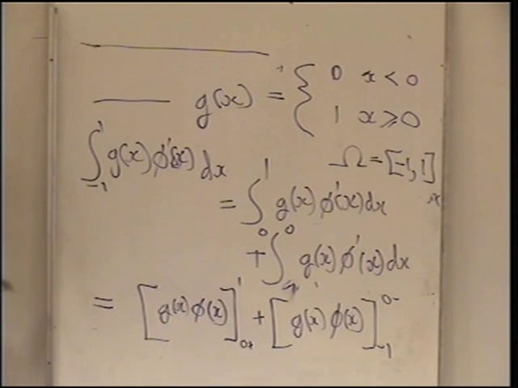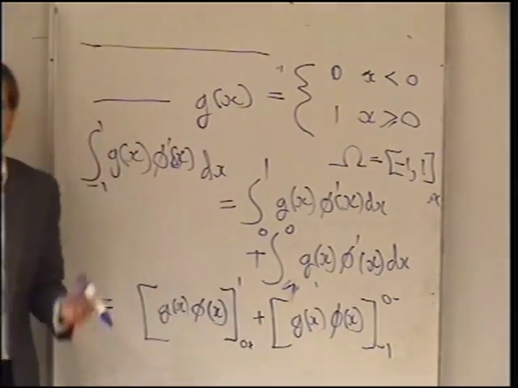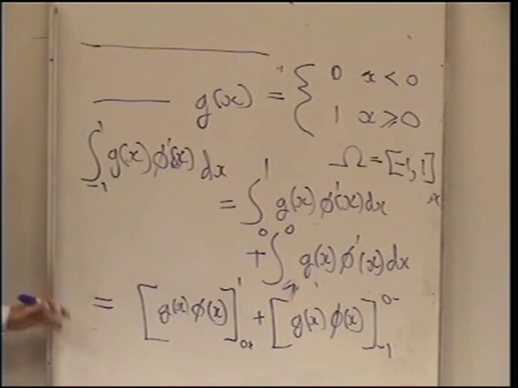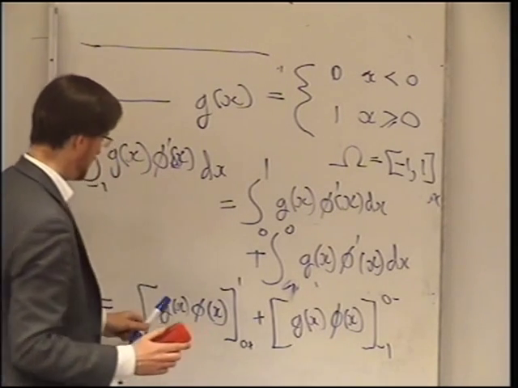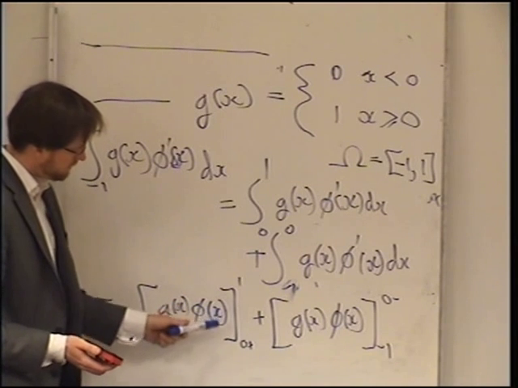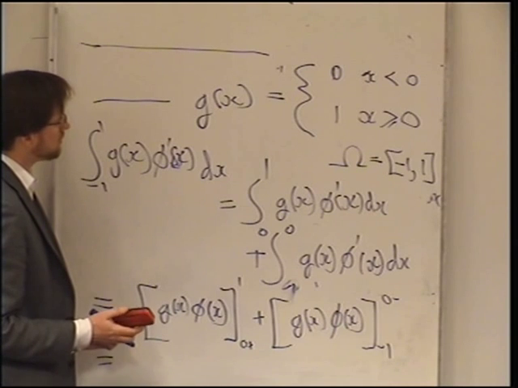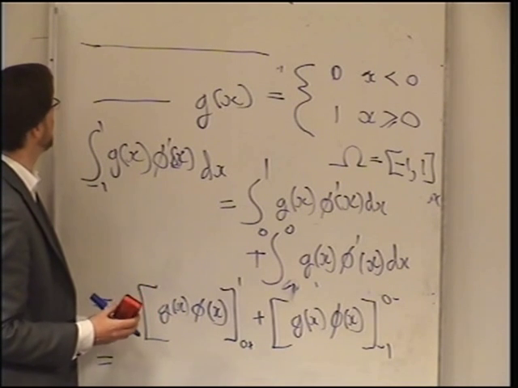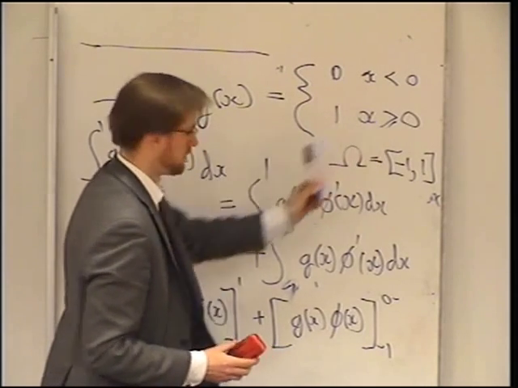So now, as before, 1 and minus 1 are the boundaries of the domain, and on the boundaries of the domain we already know that phi of x vanishes. So that's great. But inside the domain, this is g of x, phi of x at 0 from the positive side, and g from the positive side is 1.